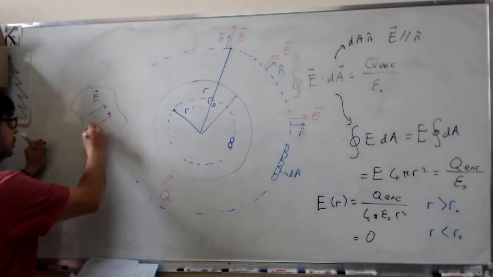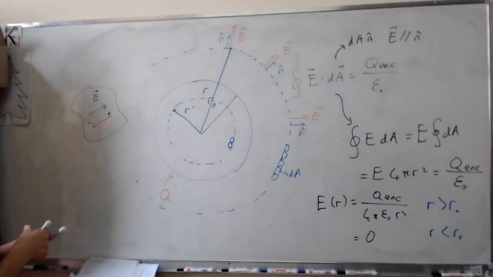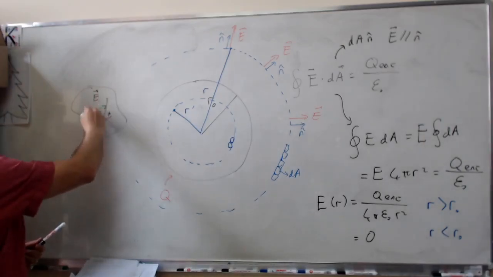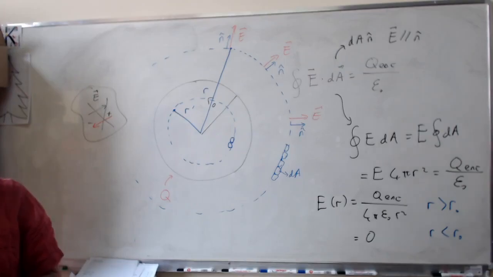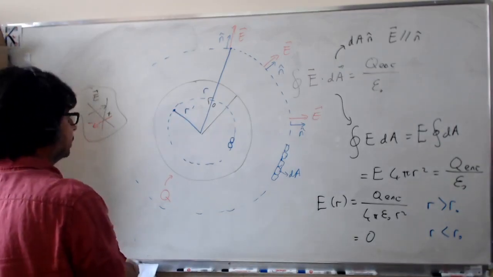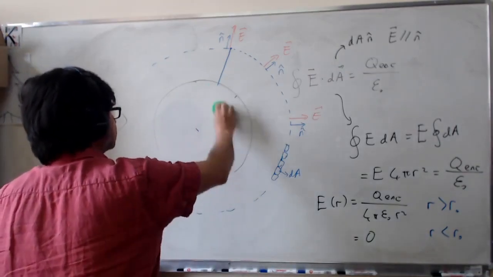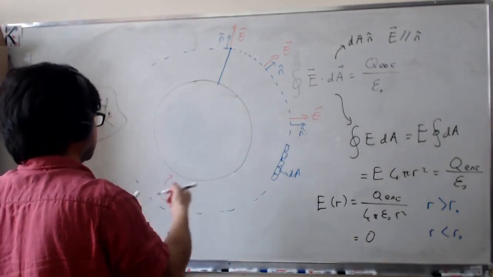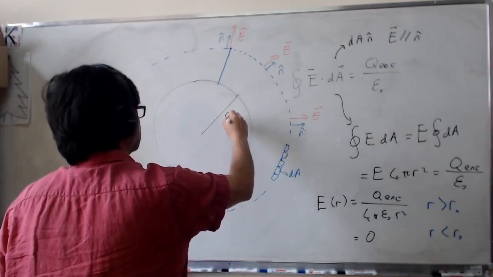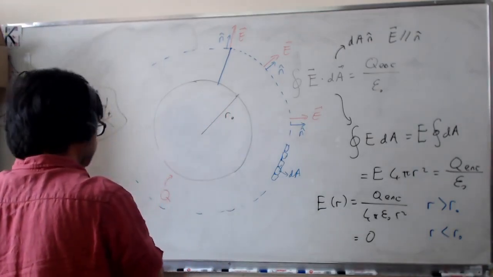The polarization will create a counter field, and they will just cancel each other. So an electric field in steady state cannot live inside a conductor. Which means, if I take the sphere of radius r0, let's just do it again, and look inside to see what's happening.